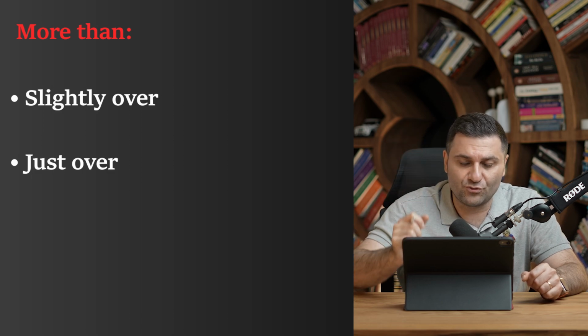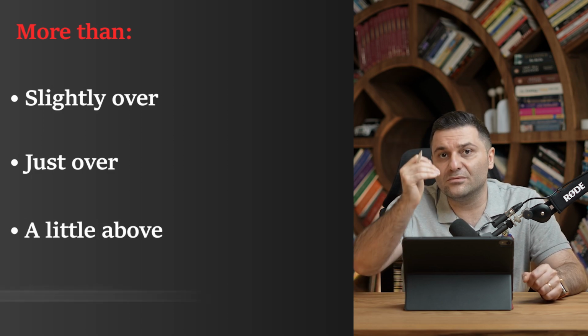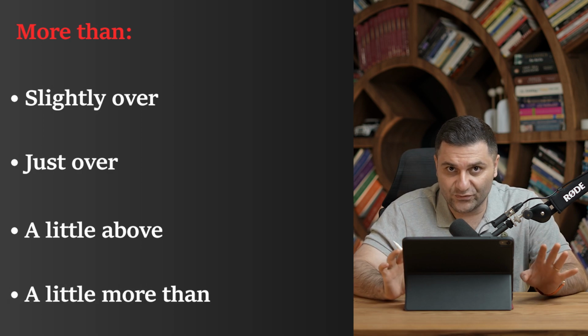Now, if you want to talk about more than, for example, it's 21 or 22, and you want to say more than 20, you can use 4 other adverbs like slightly over 20, or just over 20, or a little above, or a little more than. These are 4 adverbs.